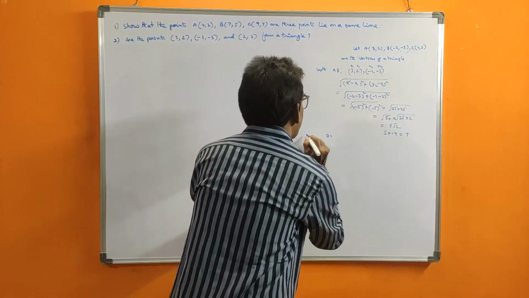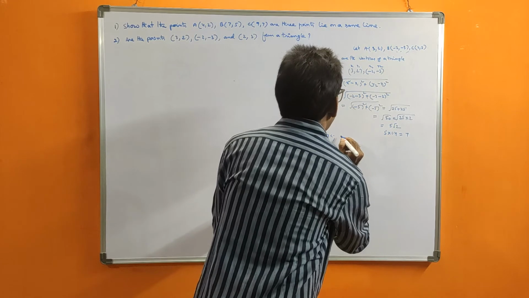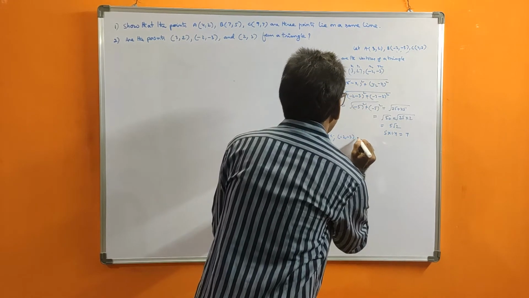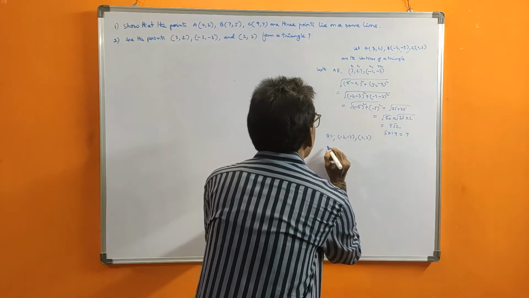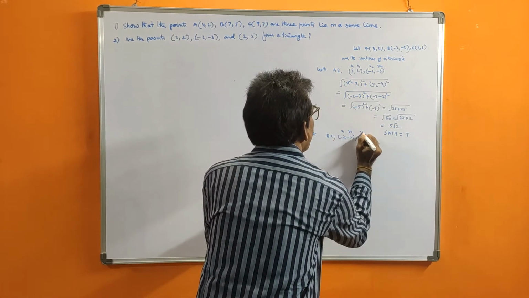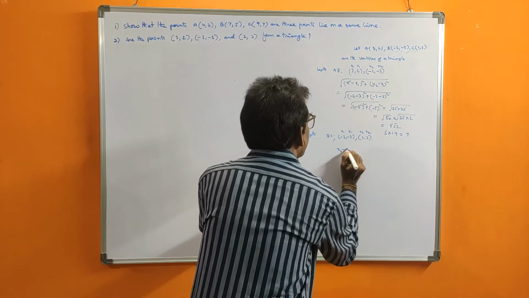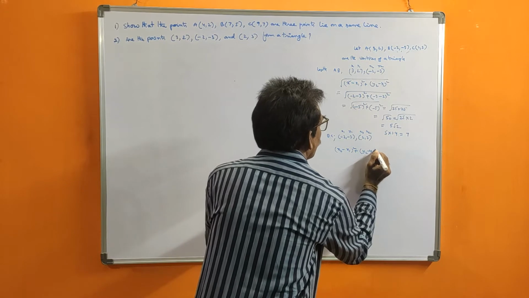Now AB is finished. BC length. Points, right. B point is minus 2, minus 3. C point is 2, 3. You calculate the length. This is x1, y1, x2, y2. The formula is the square root of (x2 minus x1) whole square plus (y2 minus y1) whole square.